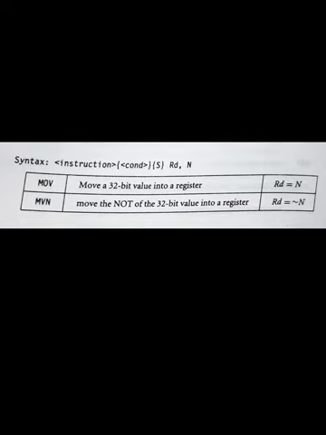Characteristics of the operation: add two values together to produce a single result, which is the sum. Here are some rules which apply to ARM data processing instructions. The first rule is that all operands are 32 bits wide and come from registers or are specified as a literal in the instruction itself.